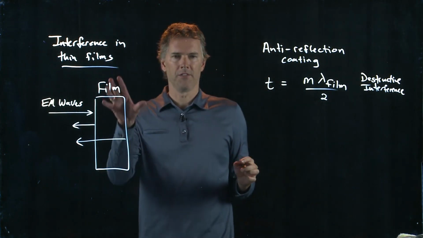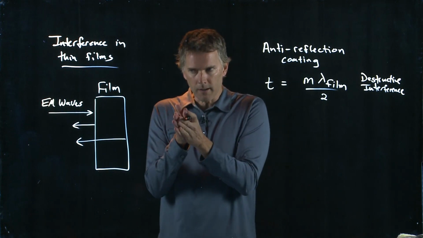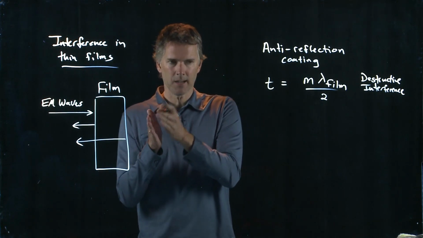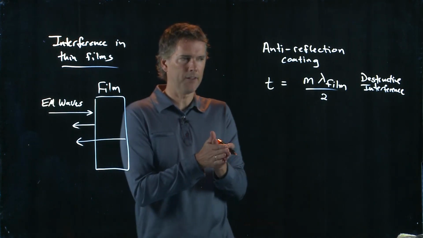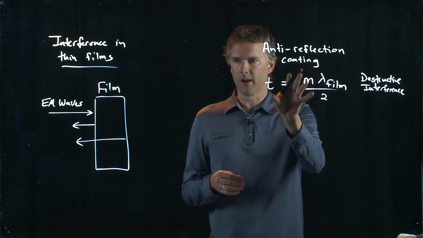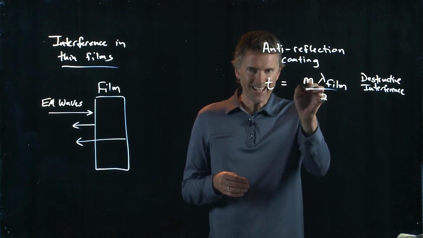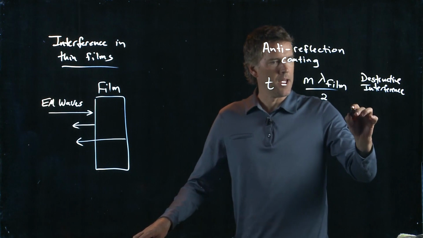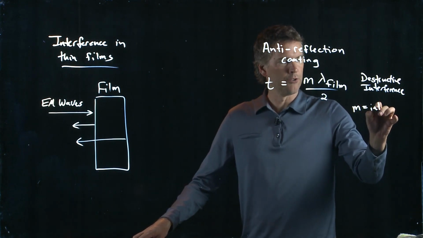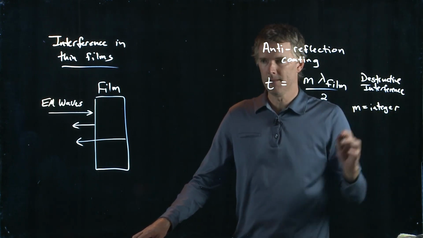Okay, so we talked about this yesterday. This is like the coating on your glasses. That anti-reflection coating that you put on your glasses has a thickness that is governed by this. Remember, M is an integer, right? M is 1 or 2 or 10 or 20.